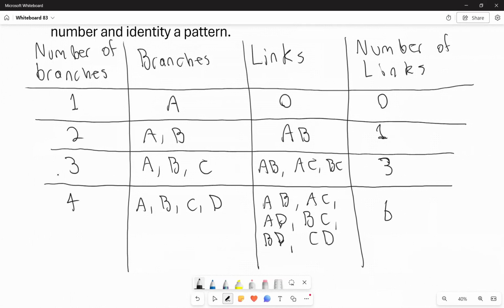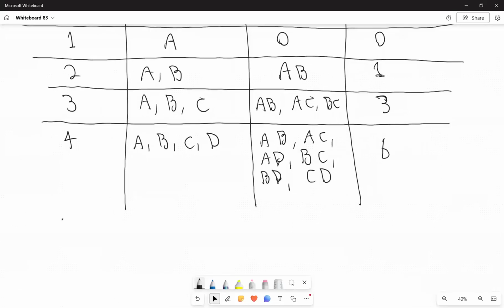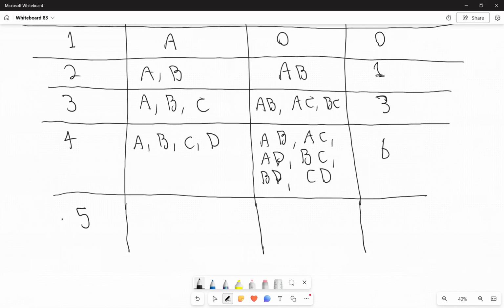Okay, so this is going somewhere, and if you haven't seen the pattern, I'll do one more. Remember, we have a total of 12. So I'll do one more with 5. The branches are A, B, C, D, and E. So we link them 2 by 2. We have AB, AC, AD, and AE.